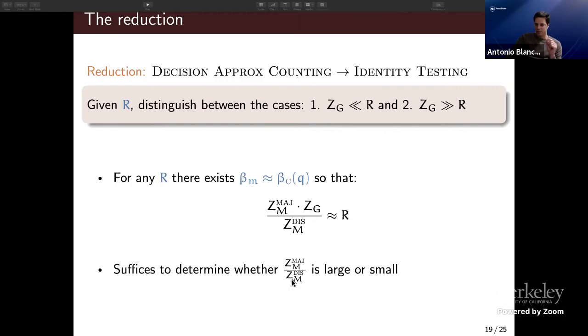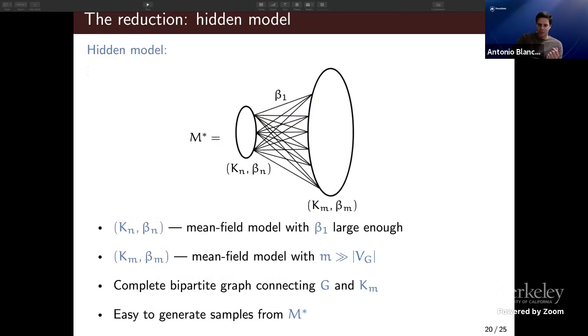All that it needs to give us is the signal of whether this ratio is small or large, okay? And for doing that, we create the hidden model in a specific way. We put a complete graph here. So this is a new model where instead of having a hard graph here, we put something completely trivial. This has the benefit that we can very easily generate samples from this hidden model, which is what the tester needs.